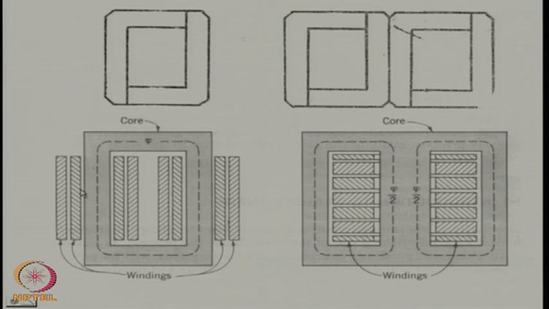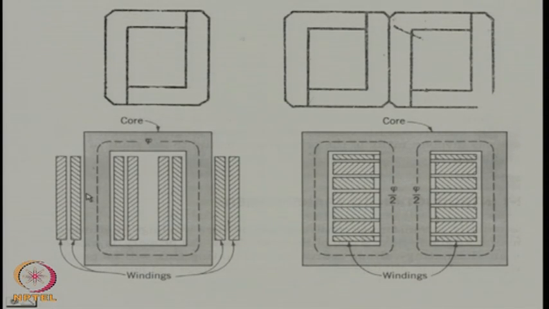The difference is that in the core type, the windings surround the core. In the shell type construction, it is rather the core that surrounds the winding. So, these are the two different constructions of the core, one is the core type, another is the shell type.